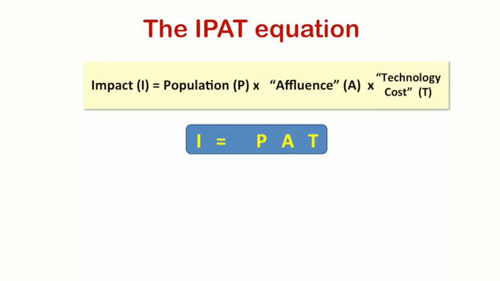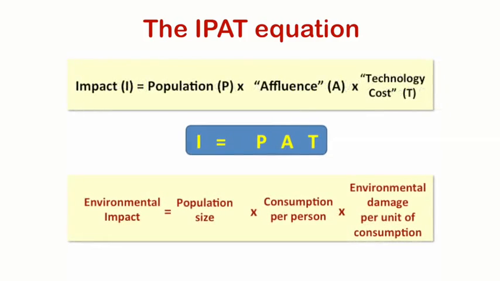Or another way to describe this relationship, which is what we can use for our purposes, is to say that the environmental degradation is equal to the population size multiplied by the consumption per person multiplied by the environmental damage per unit of consumption.